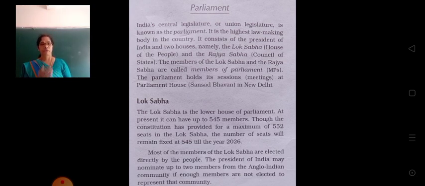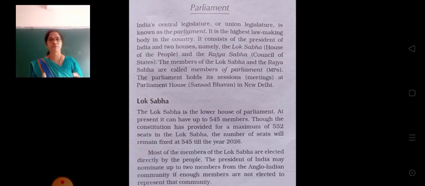Who can contest the Lok Sabha elections? Whatever qualifications are needed for standing as a candidate in the Lok Sabha elections: the first is that he has to be an Indian citizen.